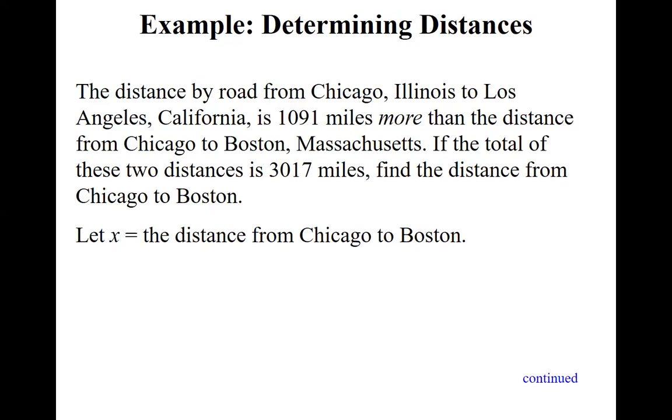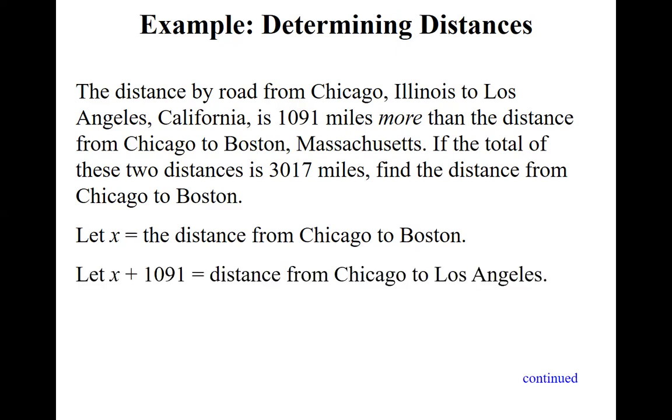We're told that the distance from Chicago to LA is 1,091 miles more than the distance from Chicago to Boston. So 1,091 more than x. x plus 1,091. We'll let that be the distance from Chicago to Los Angeles.